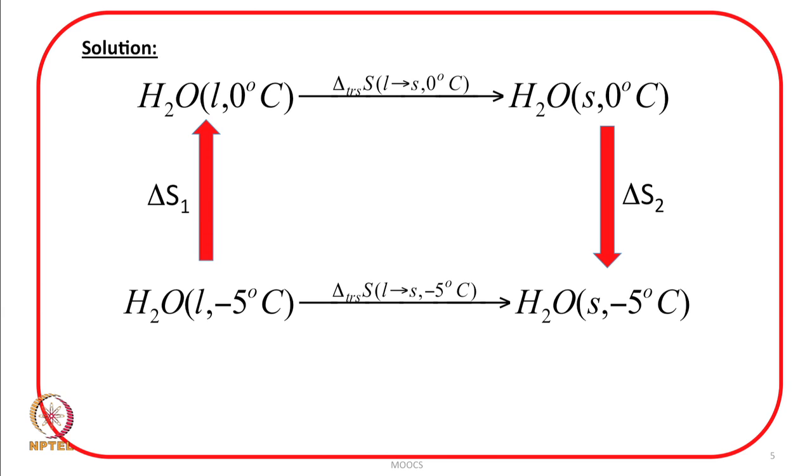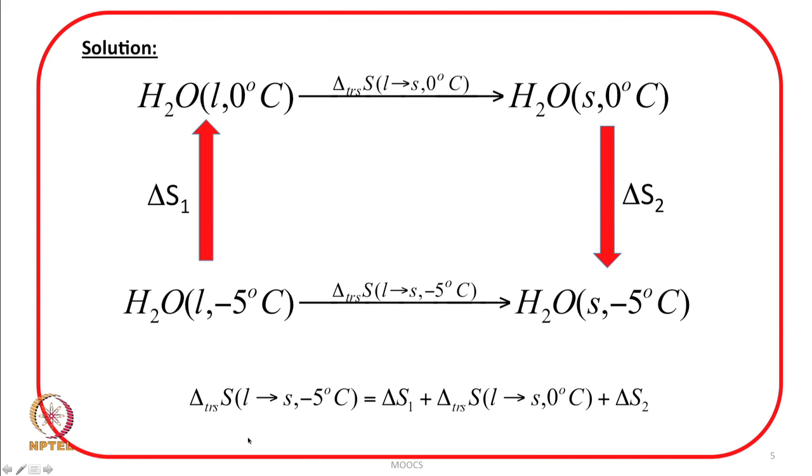So, let us go back to the slide and discuss further. In order to get this delta S for the transition from L to S at minus 5 degrees Celsius, I need information on delta S1, I need information on this phase transition which is occurring at 0 degrees Celsius, and I need information on delta S2.